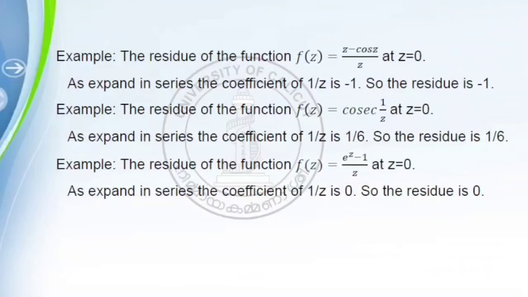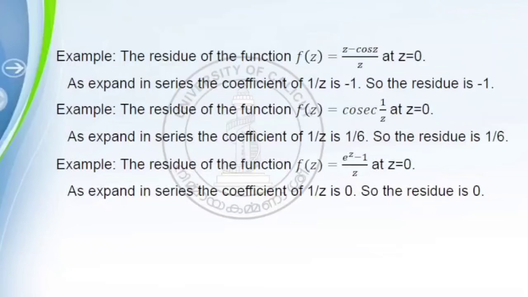For example, the residue of the function f of z equal to z minus cos z, the whole divided by z, at z equal to 0. How can we find the residue of this function? When we expand this in a power series, we can see that the coefficient of 1 by z is minus 1. So the residue of this function is minus 1.